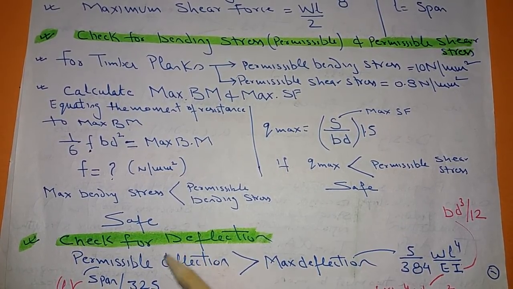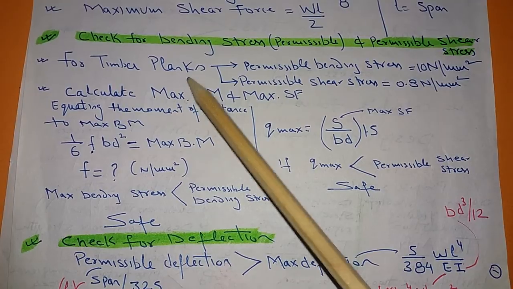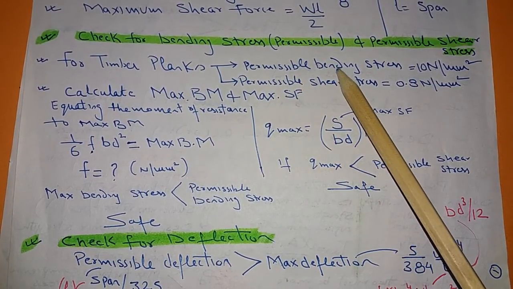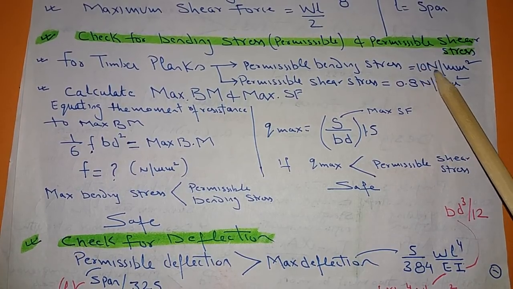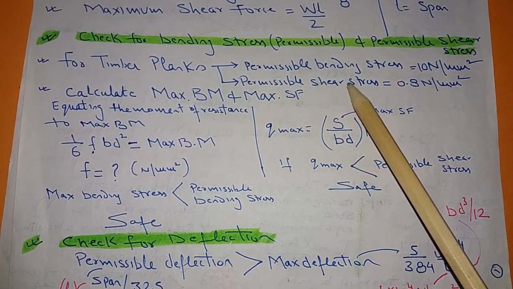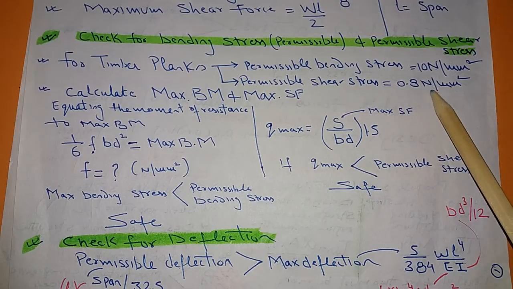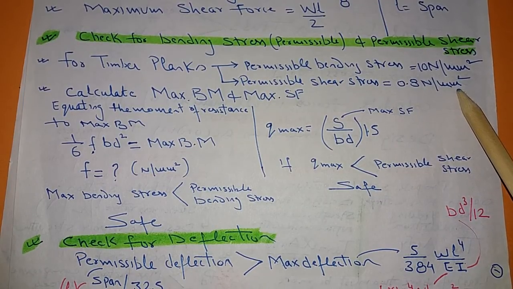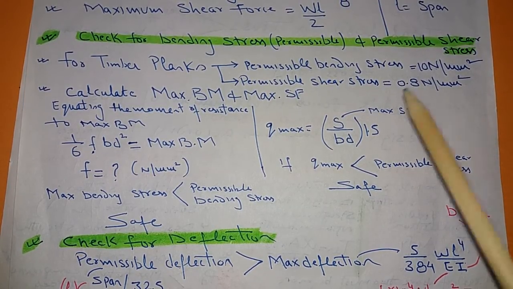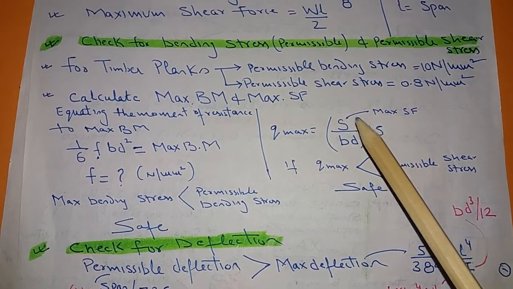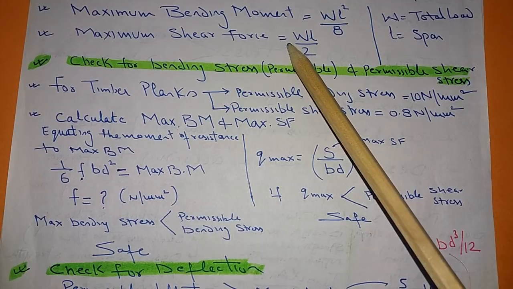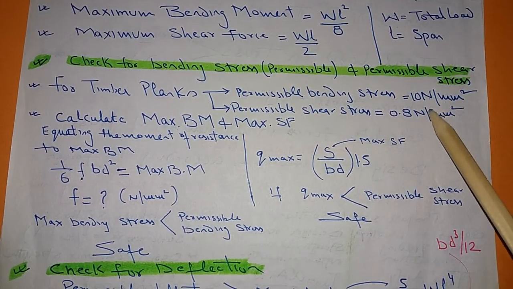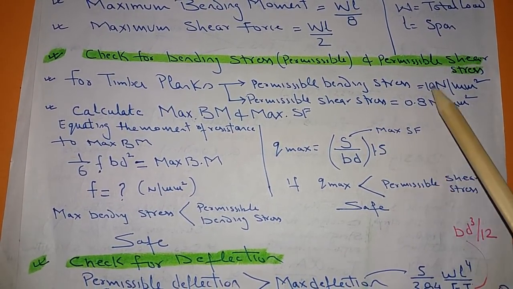Now keep it in mind, if you are talking about timber planks, permissible bending stress in this case is 10 Newton per millimeter square, and permissible shear stress is 0.8 Newton per millimeter square. It means whatever stresses are induced due to these bending moment and shear forces must be within the limit of these two.